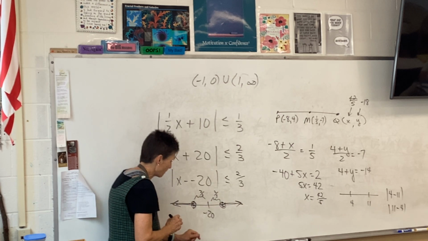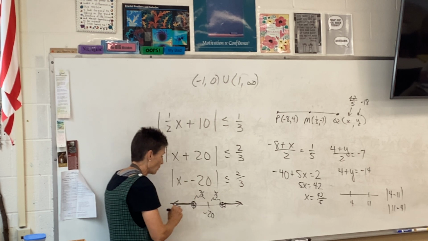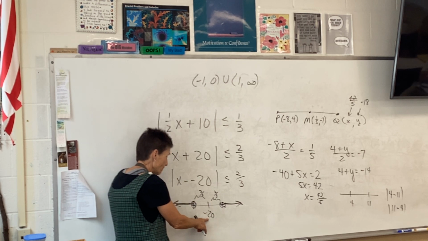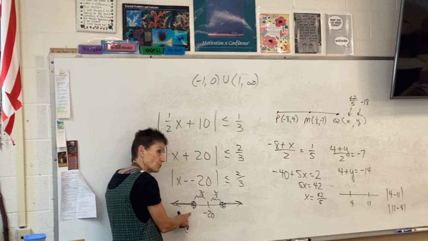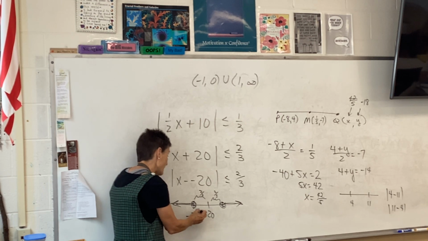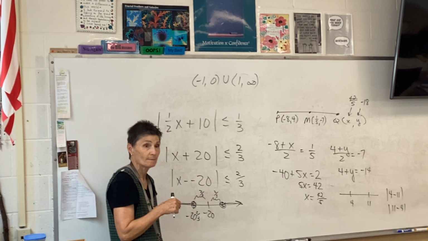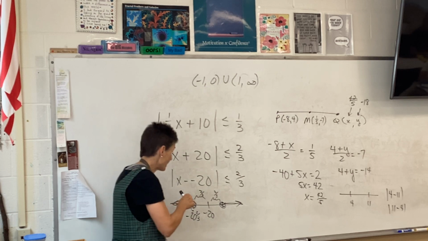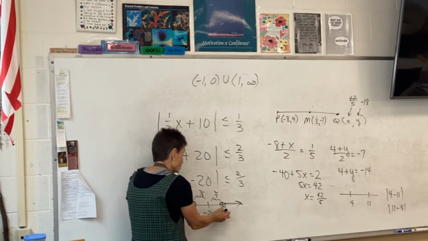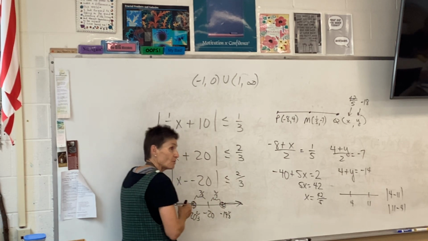So what are those numbers exactly 2/3 away? I'm going to take this number and subtract 2/3. So I could say negative 20 and 2/3 if I wanted to. That's a mixed number. And then I'm going to go this way 2/3, so that would be negative 19 1/3.